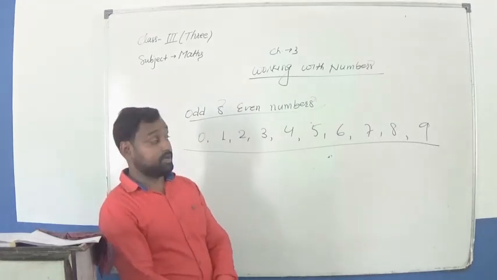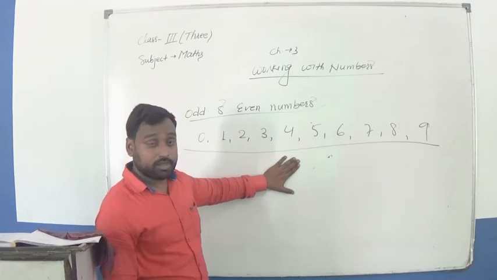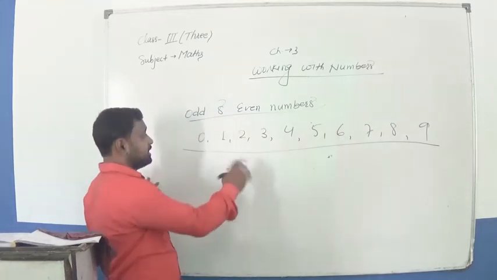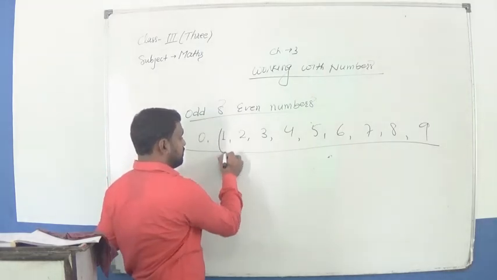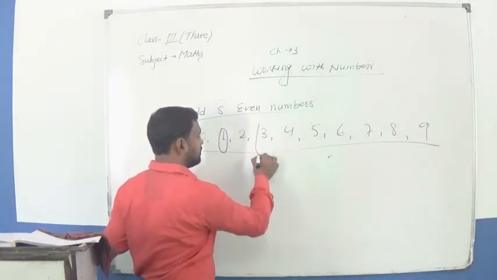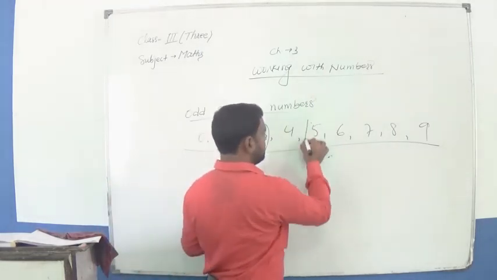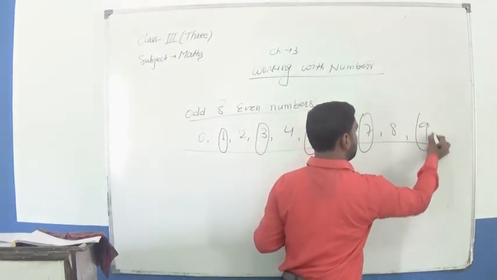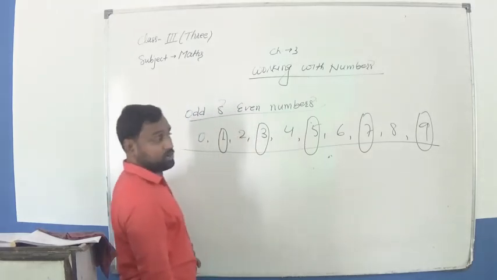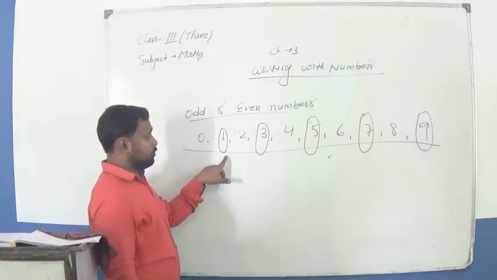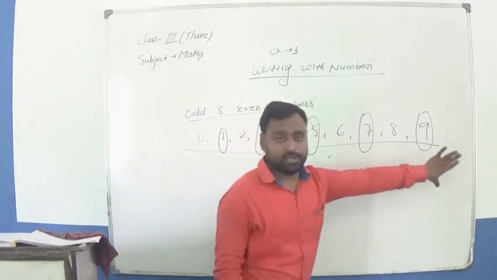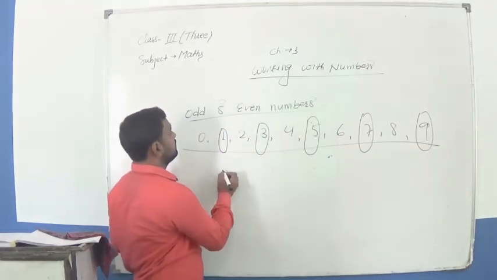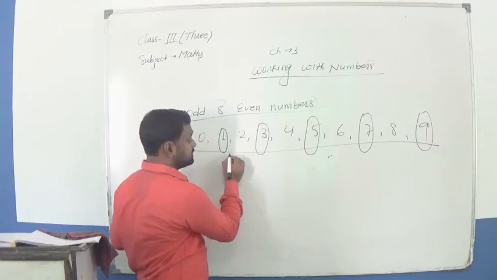In one digit numbers it is clear: 1, 3, 5, 7, 9 are odd numbers.